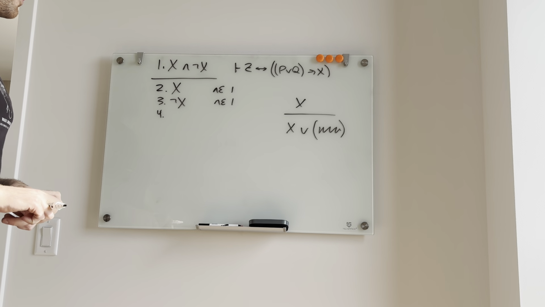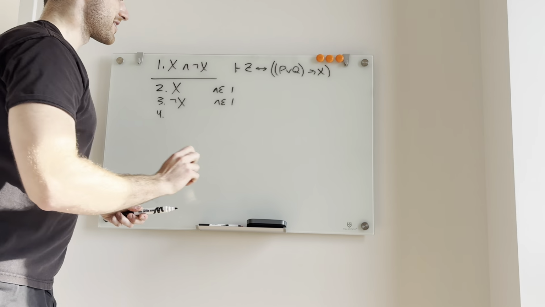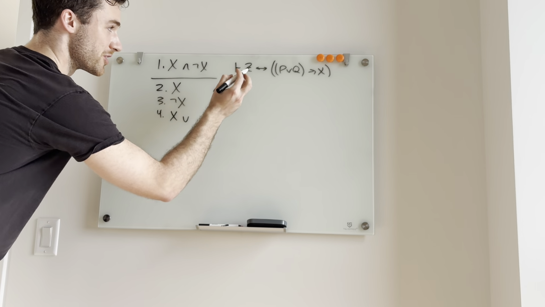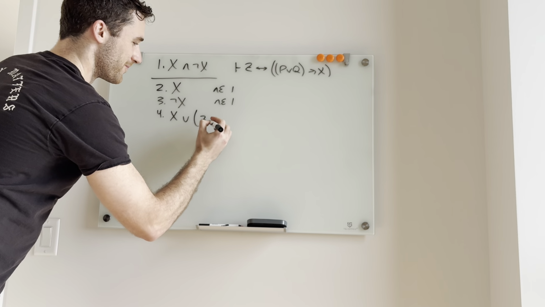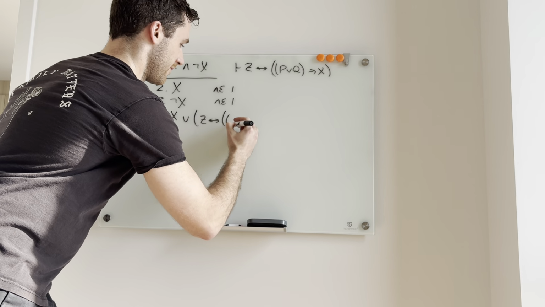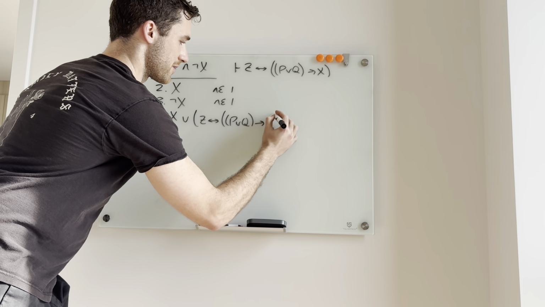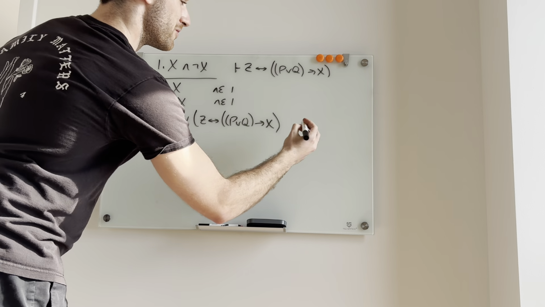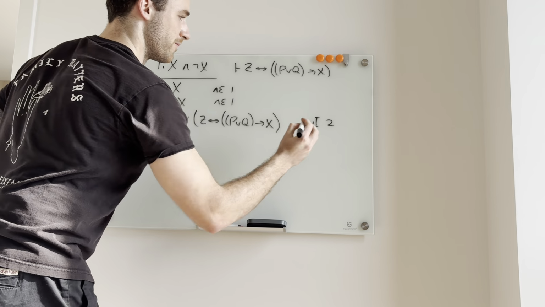So, when I try introducing another sentence with the sentence X, why don't I try this entire conclusion sentence right here? Why don't I try this whole thing? Like this. This is a good use of or introduction from line 2.